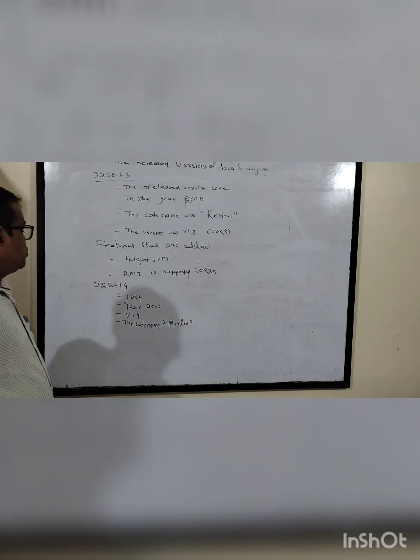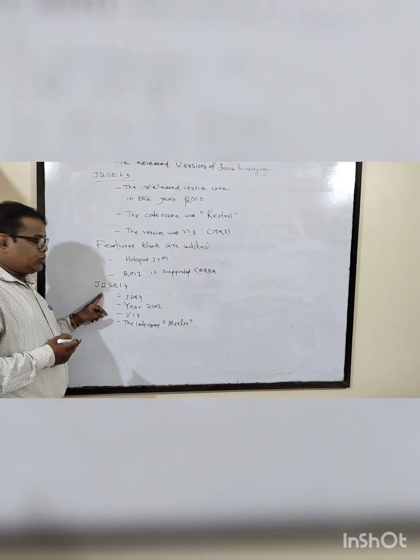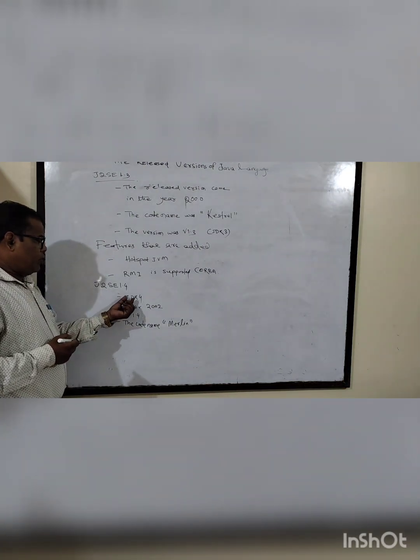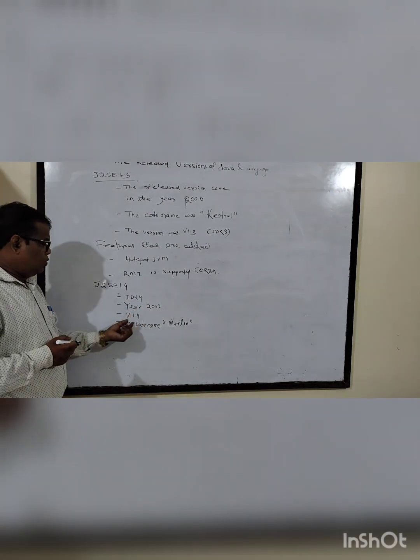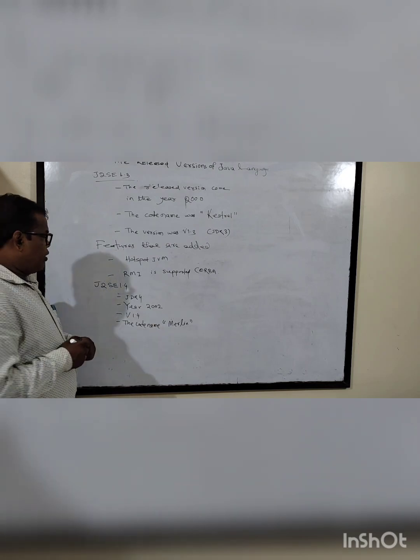A lot of changes have been taken care of in this version, Java 2 Standard Edition 1.4. Again, it is called JDK 4, released in the year 2002, and the version was 1.4. The code name was Merlin.